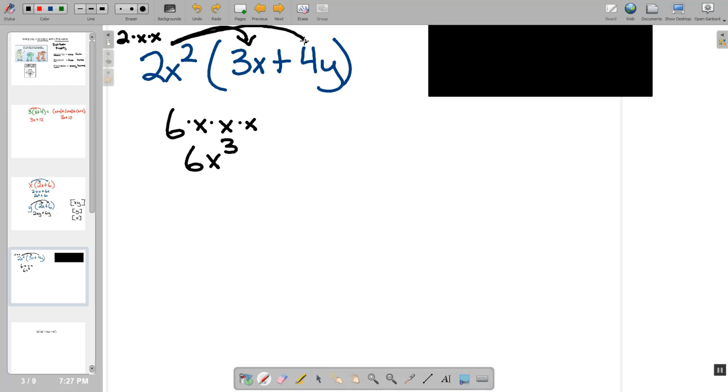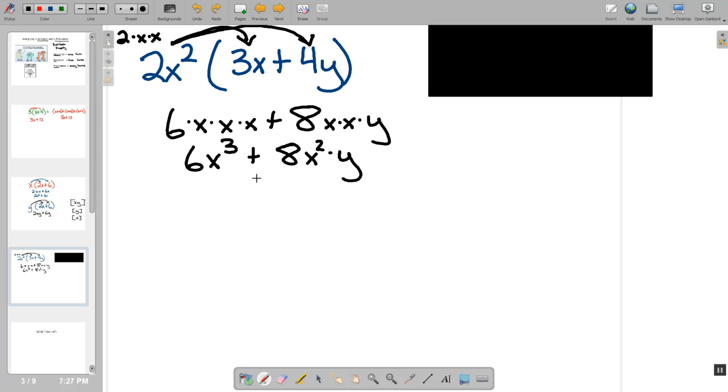Now we are going to multiply 2x squared times 4y, which is, first of all, the numbers 4 and 2 multiplied together to be 8. X squared looks like this, and then times y. We cannot combine the x's and y's together, so we are simply left with 8x squared y. So we have 6x cubed, and then 8x squared y.